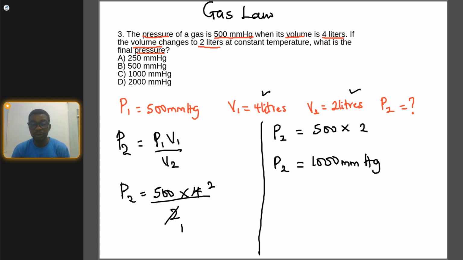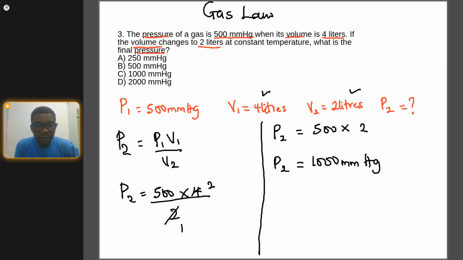Because the first pressure was given in millimeter mercury, the final pressure also should be in millimeter mercury. So the response is 1000 millimeter mercury. Let's check the options together.